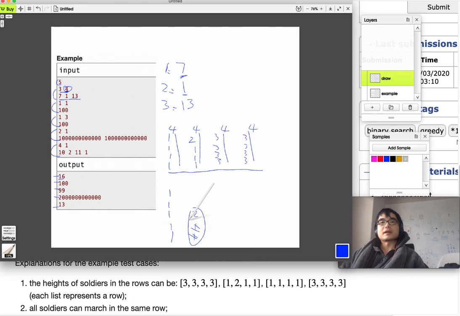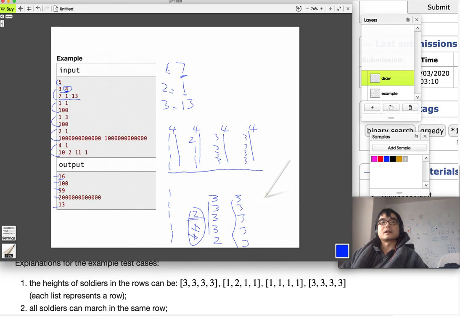We can't fit them in any row, right? So we can still use the person with height 2, right? We put the height 2 in the second row and fill up the rest of the space with height 3 people, right? Now, four height 3 people are here, and then fill the third row with more height 3 people, right? That is 5. So we already used up 9 height 3 people, right?